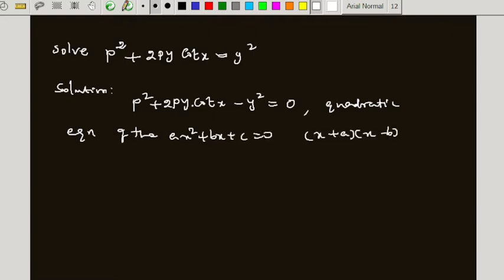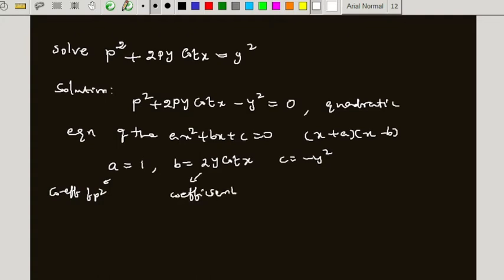Here a, the coefficient of p square, is 1, b, the coefficient of p, is 2y cot x, and c is minus y square. So we substitute in the quadratic formula.